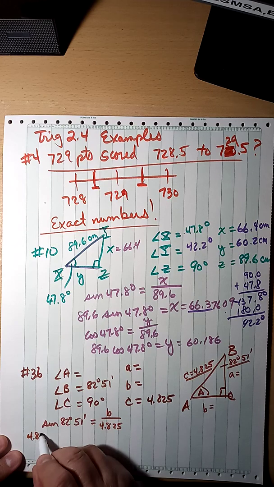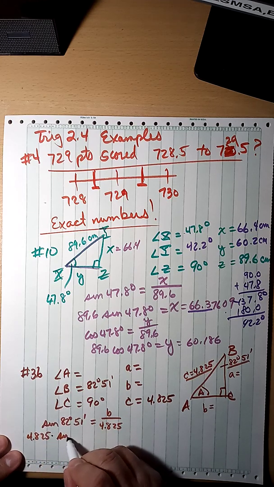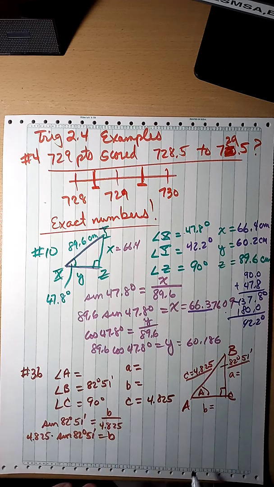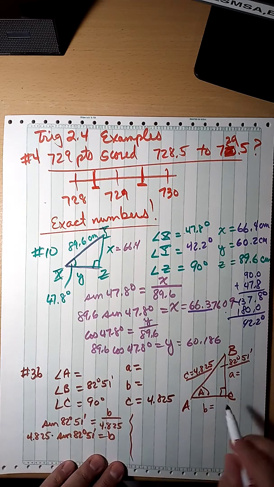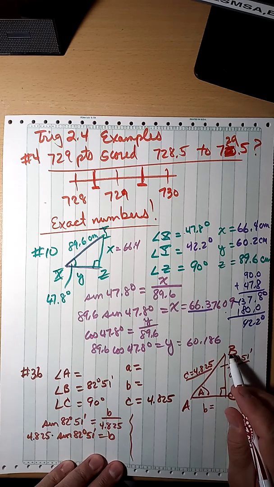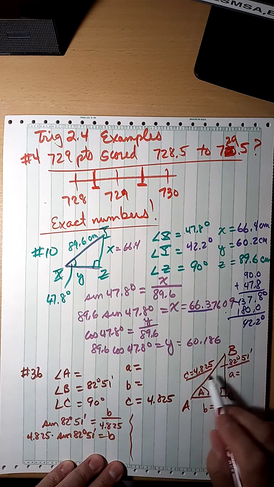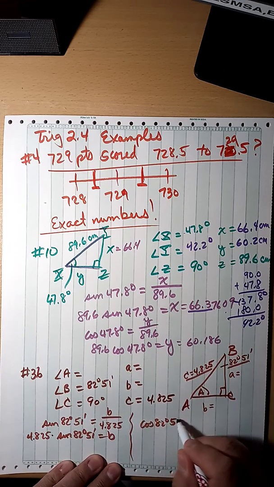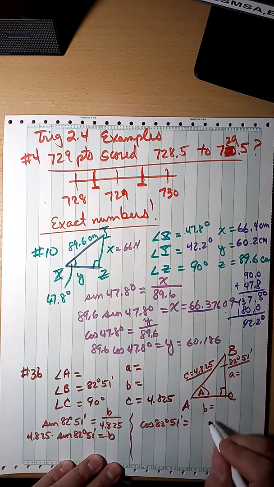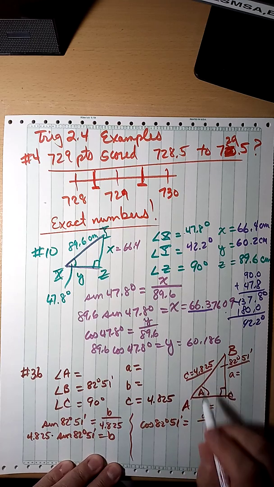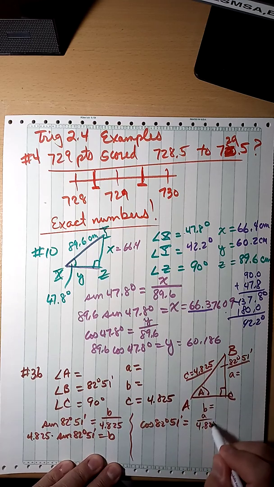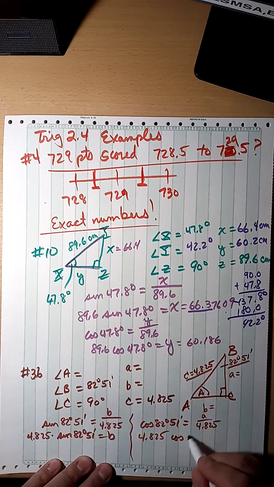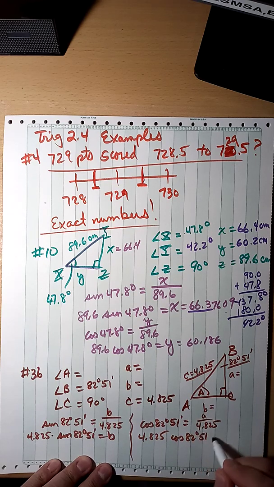So 4.825 times the sine of 82 degrees, 51 minutes is b. While we're here, let's do the other one. The cosine of B is the adjacent a over the hypotenuse. So the cosine of 82 degrees, 51 minutes is a over 4.825, or 4.825 times the cosine of 82 degrees, 51 minutes.